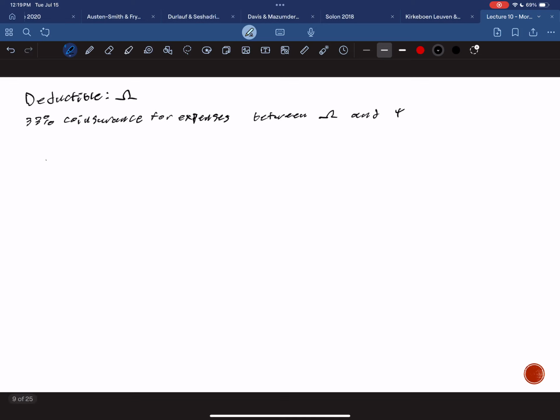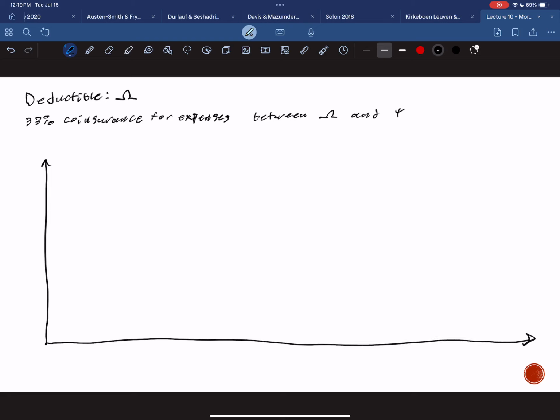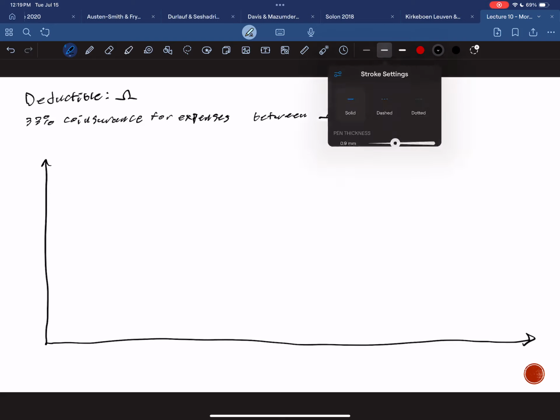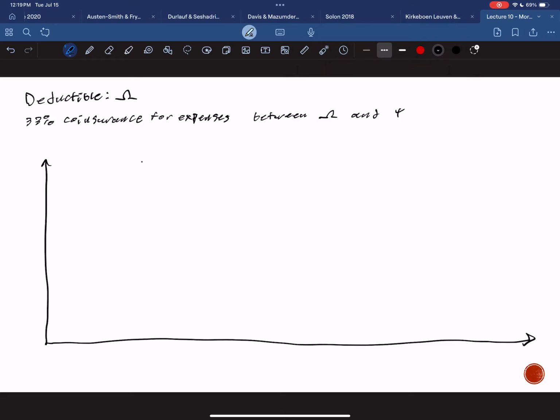So what does this look like on a graph? We have omega, and then we have psi. For your first omega dollars, you're going to have a slope of 1, where m equals slope.